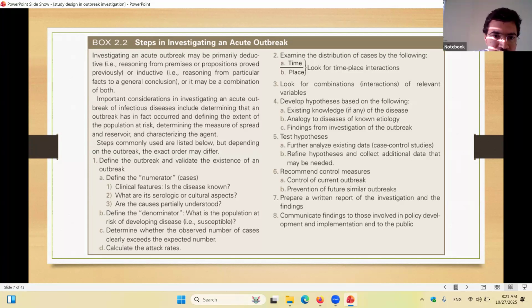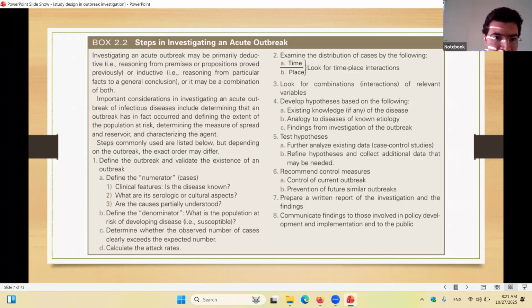Important considerations in investigating an outbreak of infectious disease include determining that an outbreak has in fact occurred and defining the extent of the population at risk, determining the mode of spread and reservoir, and characterizing the agent.